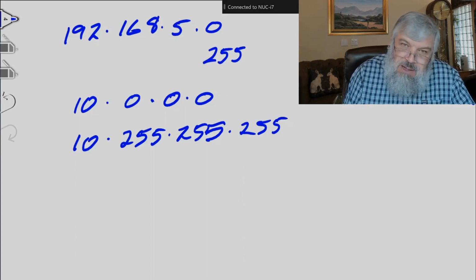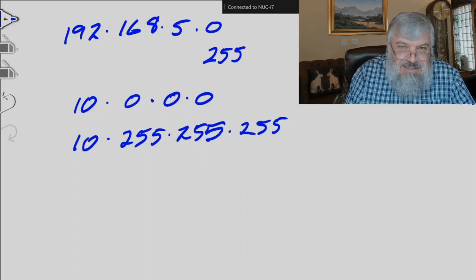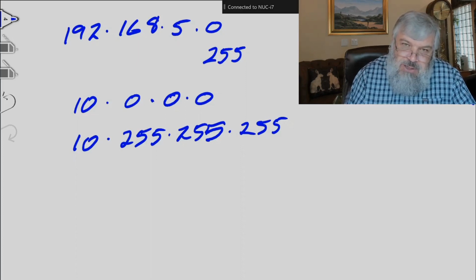The place where you would use a broadcast address is sometimes you want to talk to everybody on the network, and therefore it makes sense to have a broadcast address. The network address is very often used in routing tables. Recall that in the first video we spoke about the destination of a certain packet, and a routing table in IPv4 would specify the destination as the address of a network to which you want to be routed.